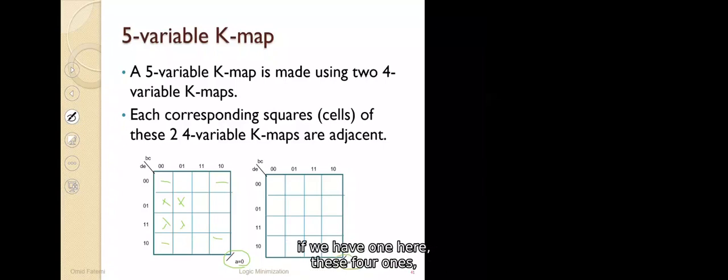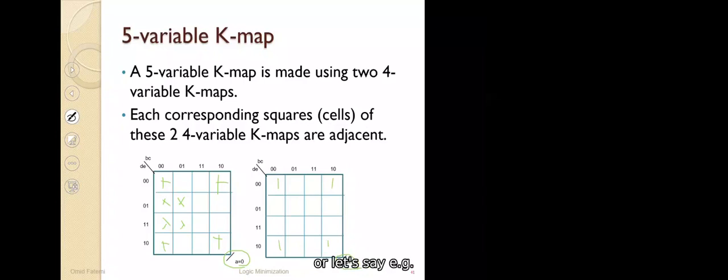For example, if we have 1 here, these 4 ones, so we know that they can form a group. But let's say we have also 4 ones here. So if you put this one on top of the other one, you see that they are adjacent. And now we have a group of 8 ones.